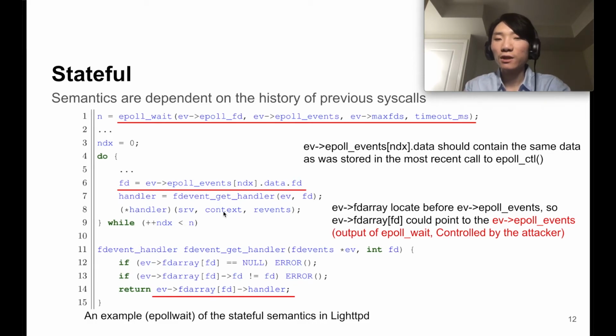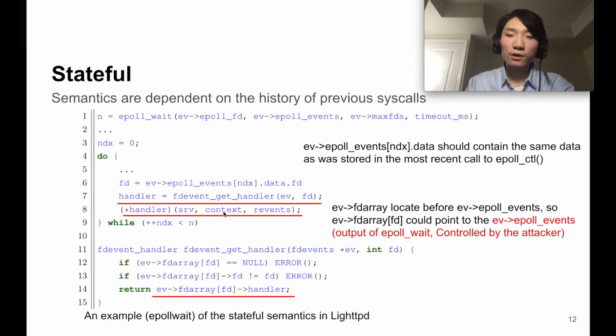And we assume the attacker fully controls the epoll events' content because it is an output buffer of the syscall. So the attacker can make the handler pointer in line 14 point to any address they want. Then this address will be interpreted as a function pointer and called in line 8. Thus, the attacker can hijack the application's execution.